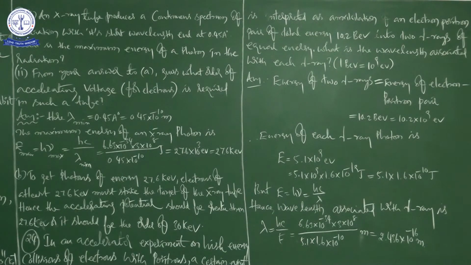Next, see here. Observe carefully, right? He mentioned here the accelerating potential. Accelerating potential should be greater than 27.6 kilo electron volt, or it should be the order of 30 kilo electron volt.